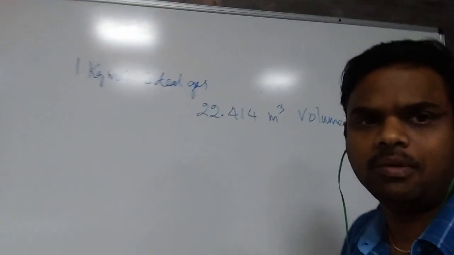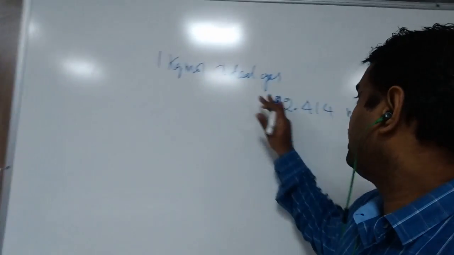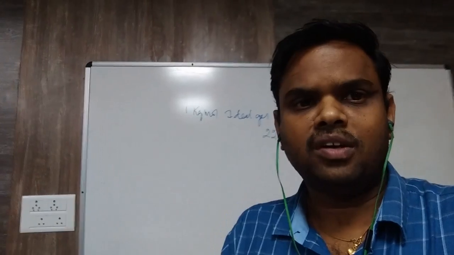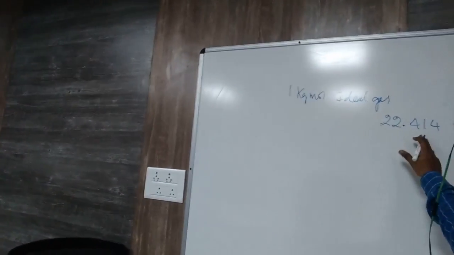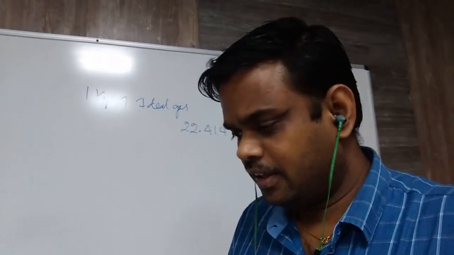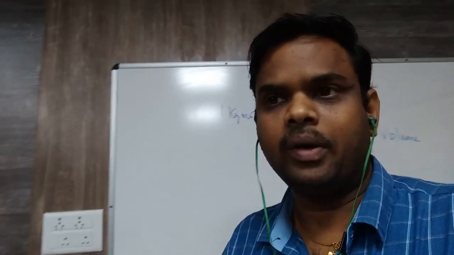This is applicable if we consider any gas to be an ideal gas. If it is given 10 kg mole of any ideal gas, then 10 multiplied by 22.414 gives 224 meter cube of volume. So that way we can determine the volume occupied directly.